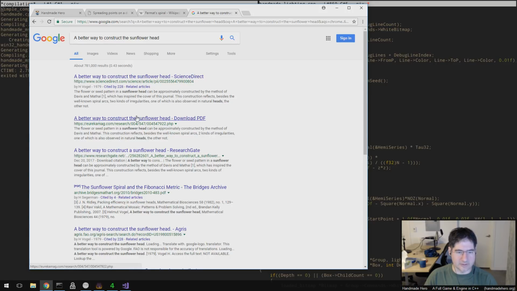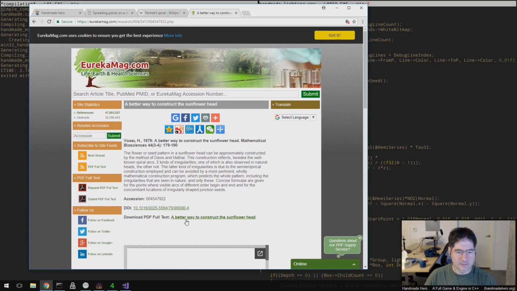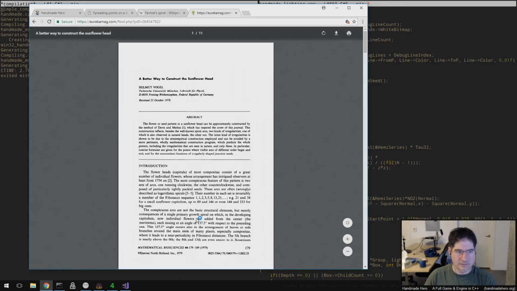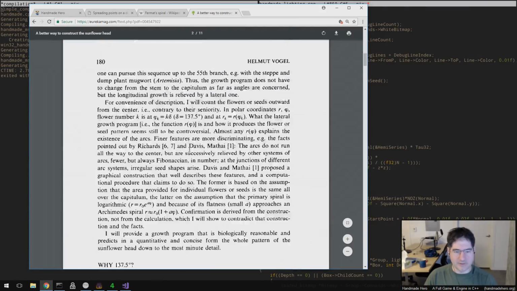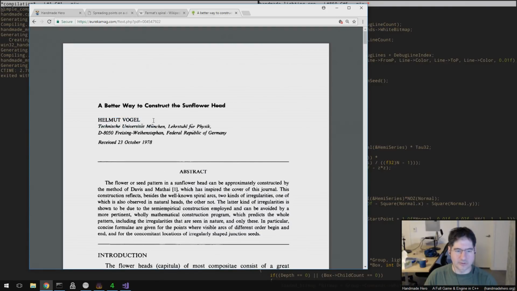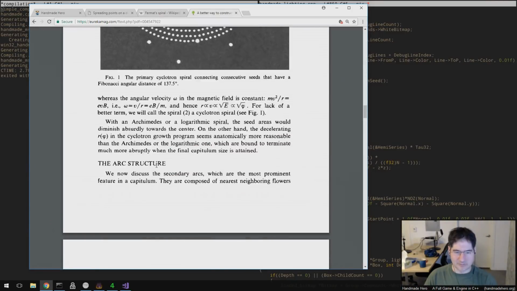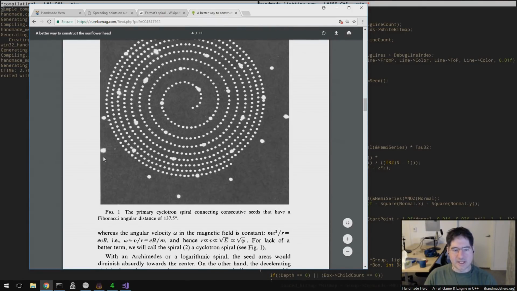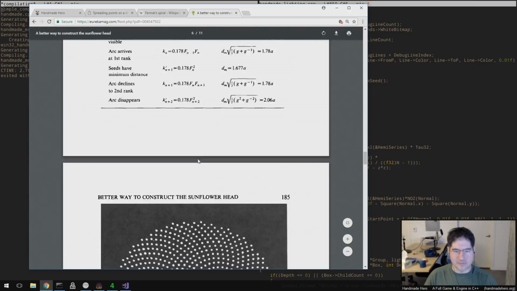Doesn't look like it necessarily does. There we go. So this is the actual paper. This is why they call it Vogel's method, because of Helmut Vogel, right? I don't know how to pronounce that. Vogel? Helmut Vogel? I'm not sure. My pronunciation of European names is pretty poor. So anyway, here is the actual paper that introduced this method.